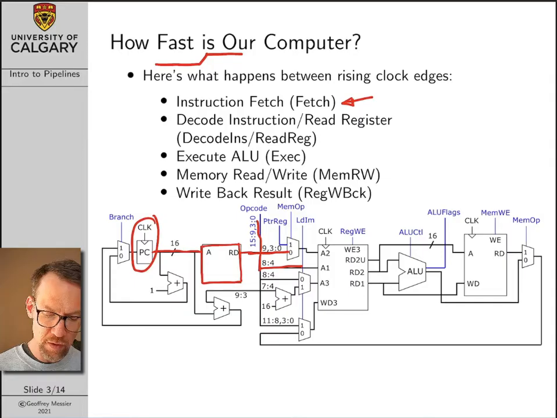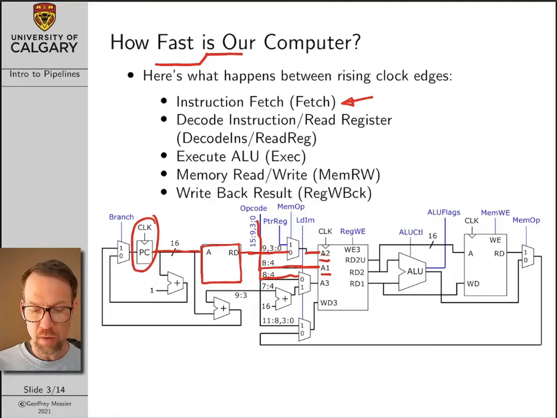It goes up to the control path, and through the contents of the machine language instruction, we determine some register address values, or register index numbers if you like, that are applied to the A1 and A2 inputs on our register file. Remember that reading from our register file uses just combinational logic, so we don't need a clock cycle to read from the register file.